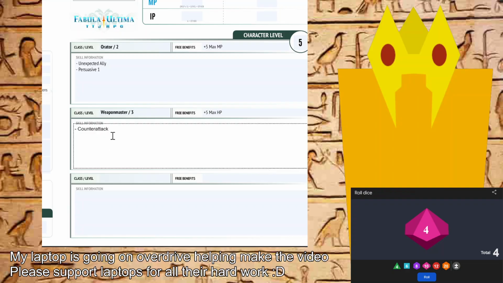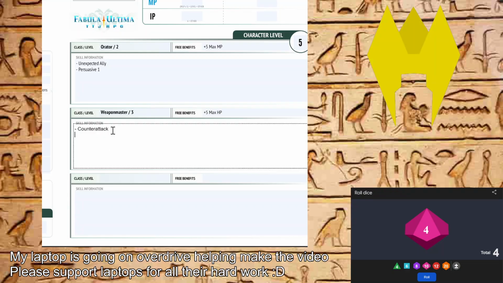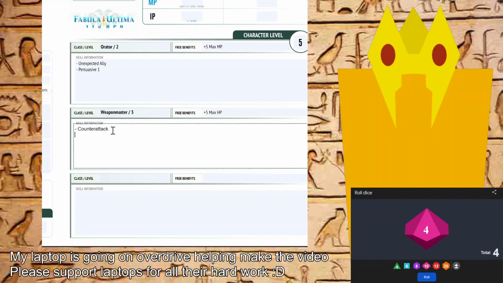That's our first skill going into this. I would say 2 levels into melee weapon mastery, which I will explain right now, just increases the accuracy check by a number equal to this skill's level, which we will do 2 in.